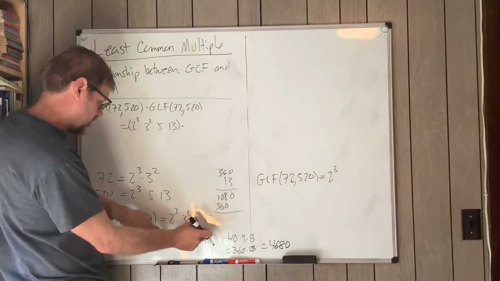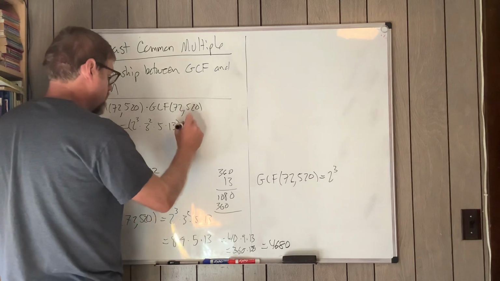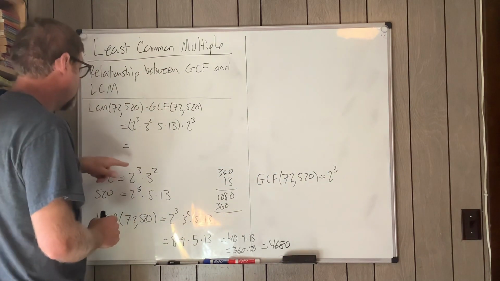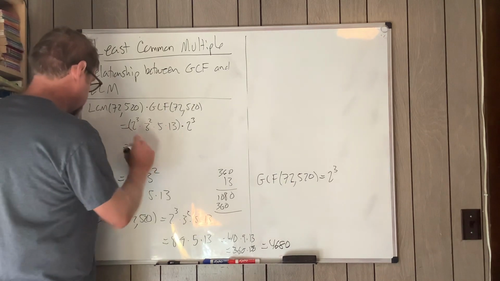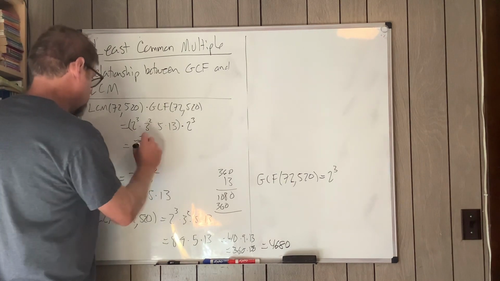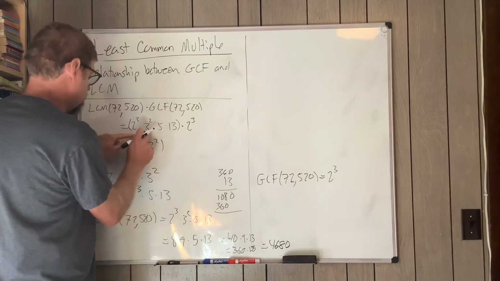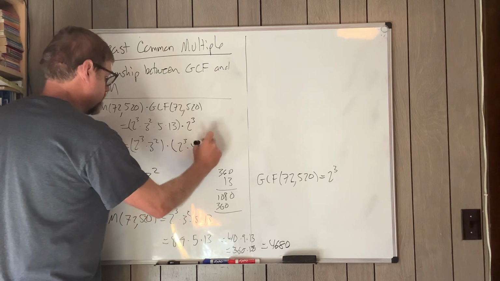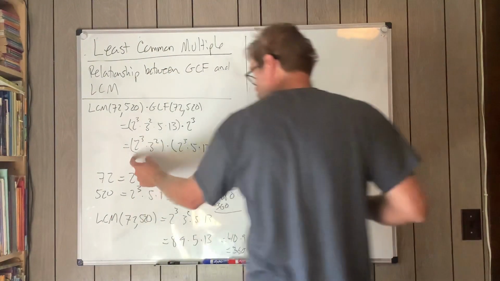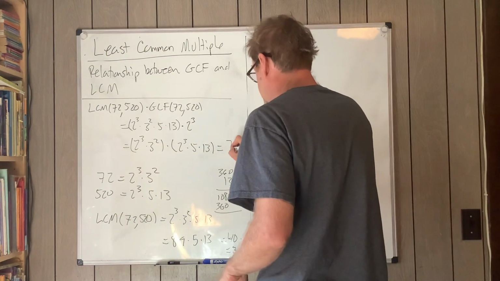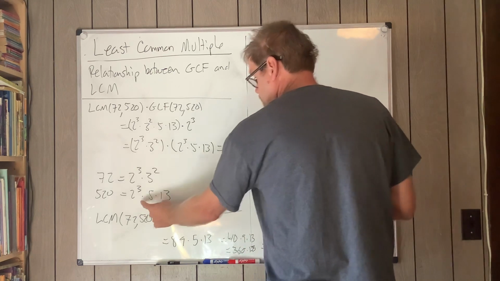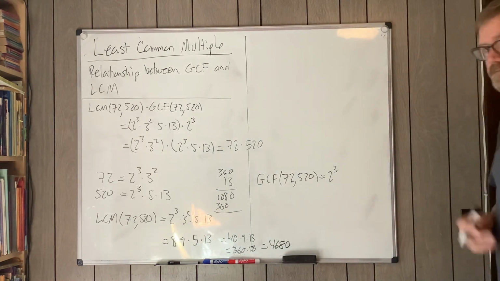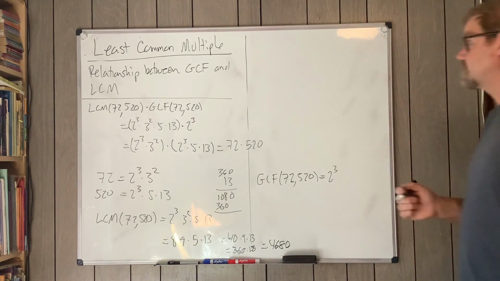We just did that right there. I'm going to leave it in prime factor form. And the GCF is that. Well, all I'm going to do is rearrange things. I've got 2 cubed times 3 squared, those two, and then I have 2 cubed times 5 times 13. Right? That is 72. And that is 520. Okay. Now that's not an accident.